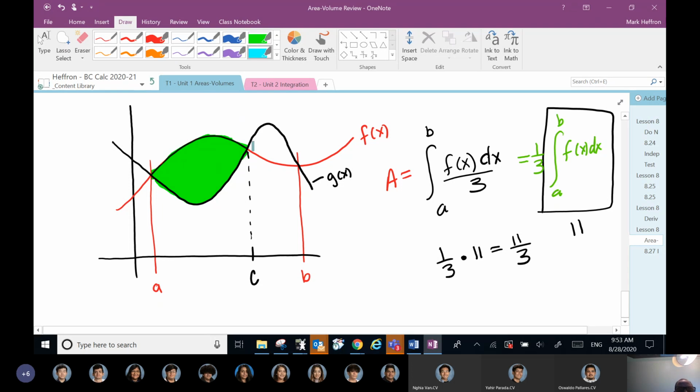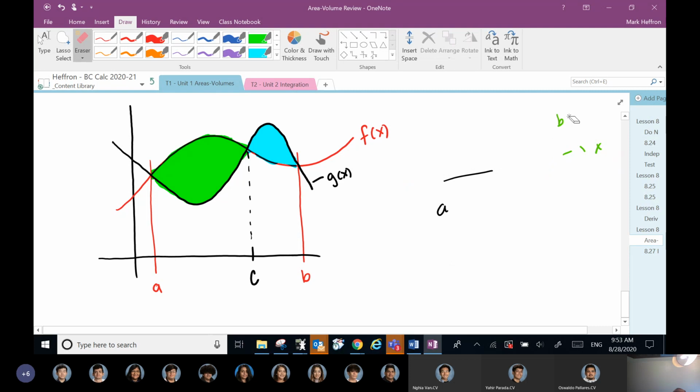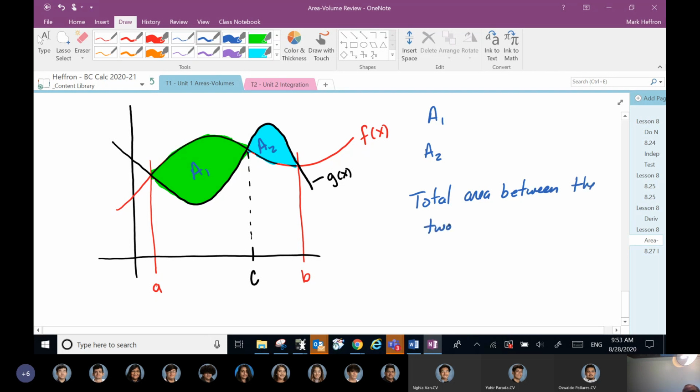We've got the green and the blue. I want to know what is area 1, what is area 2, and what is the total area between the two curves.